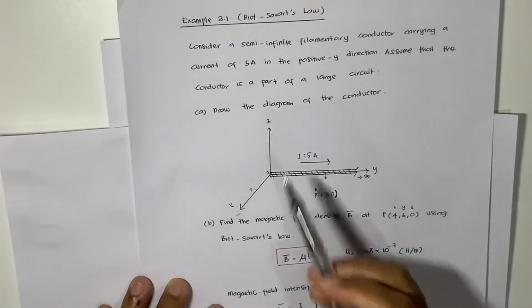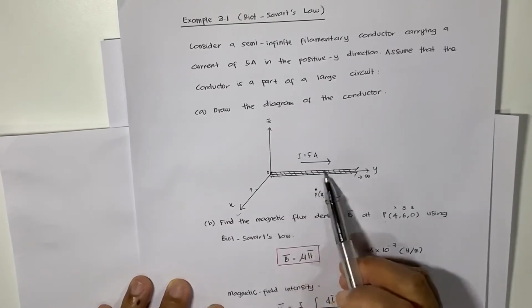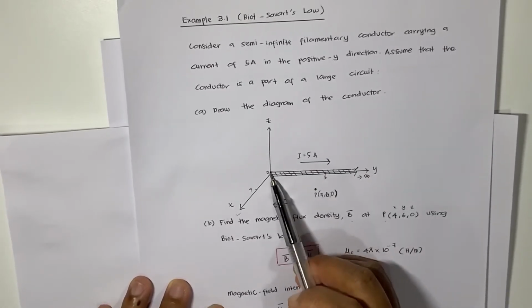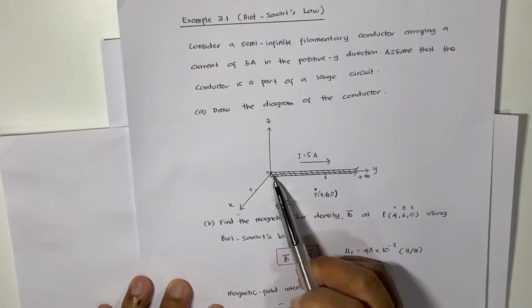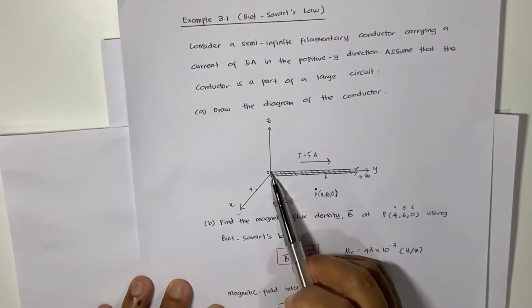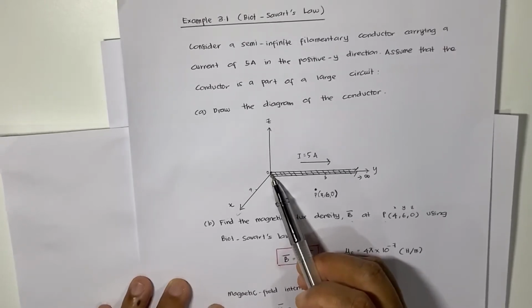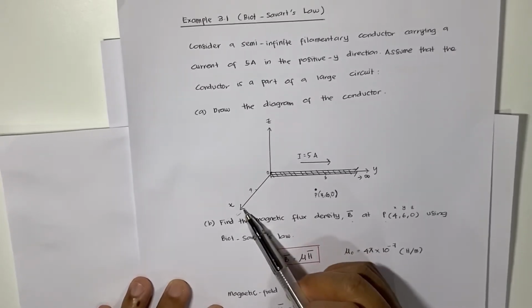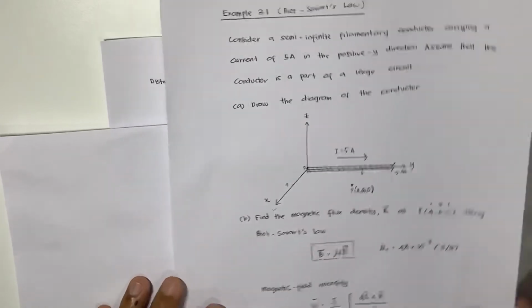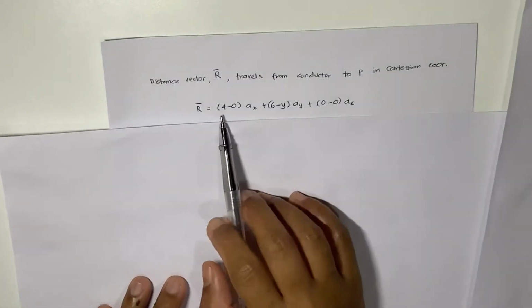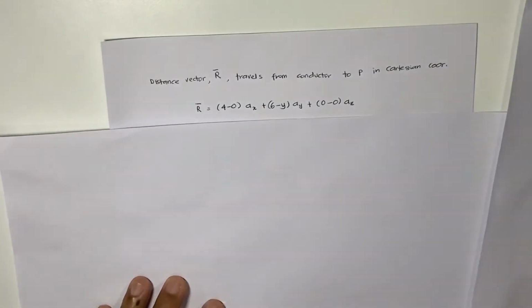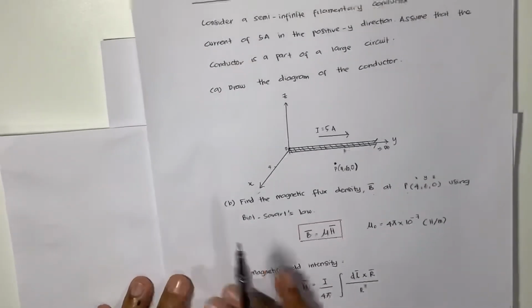Now the conductor will travel to point P. At the x-axis, the conductor is at the origin, it stays at zero of the x-axis. So that's why 4 minus 0. 4 comes from this point.